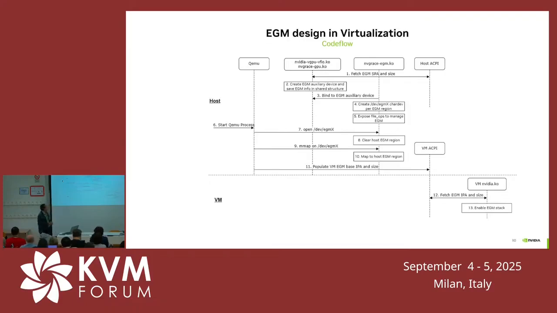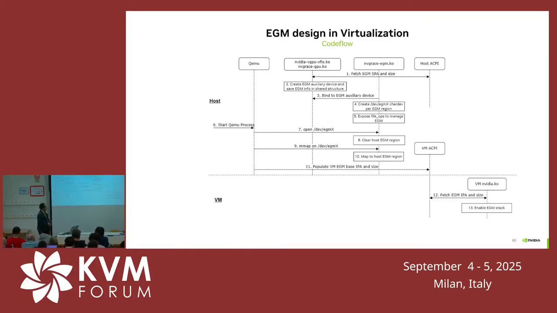Then the next step it would do, like I mentioned, is create the dev EGMX character device for the EGM region and expose some file ops to manage this EGM memory. Then the QEMU process would be started, and this dev EGMX would be provided as an argument.